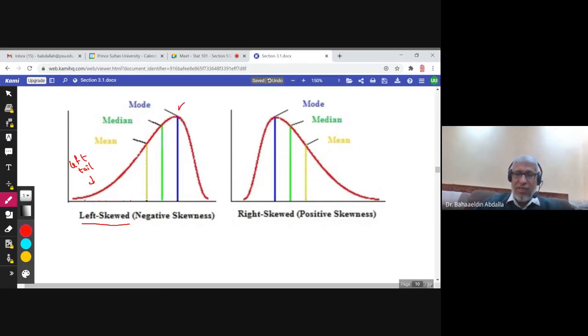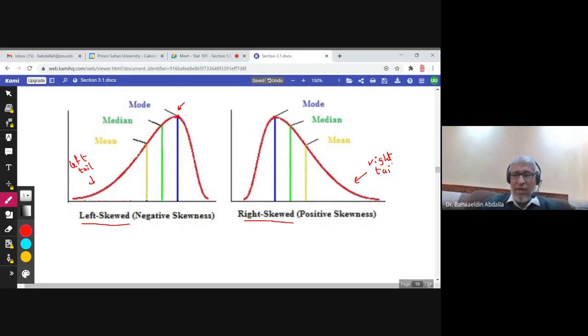Of course, it is easy to determine the mode because the mode is the most frequent, so it's the highest point. The highest point is always the mode, whether it's left skewed or right skewed. Right skewed is when we have a right tail.